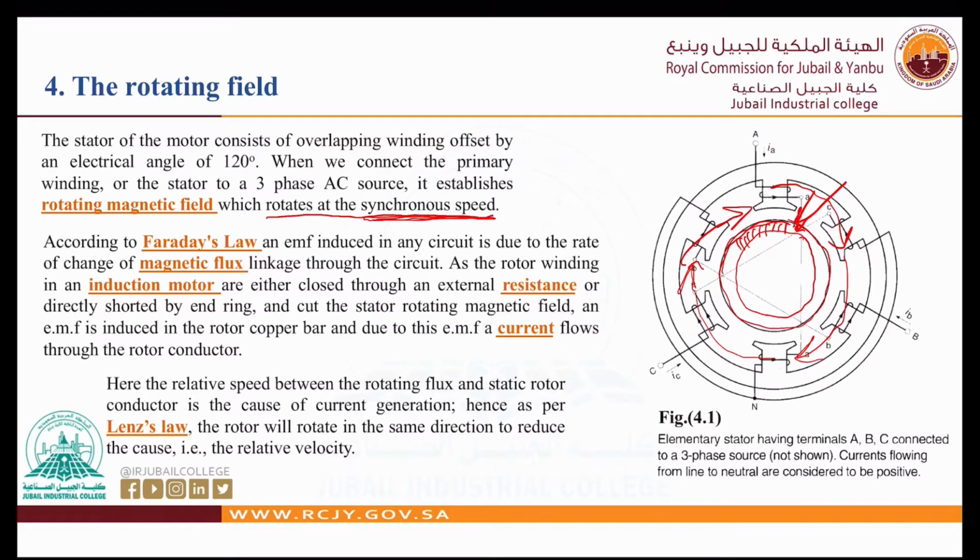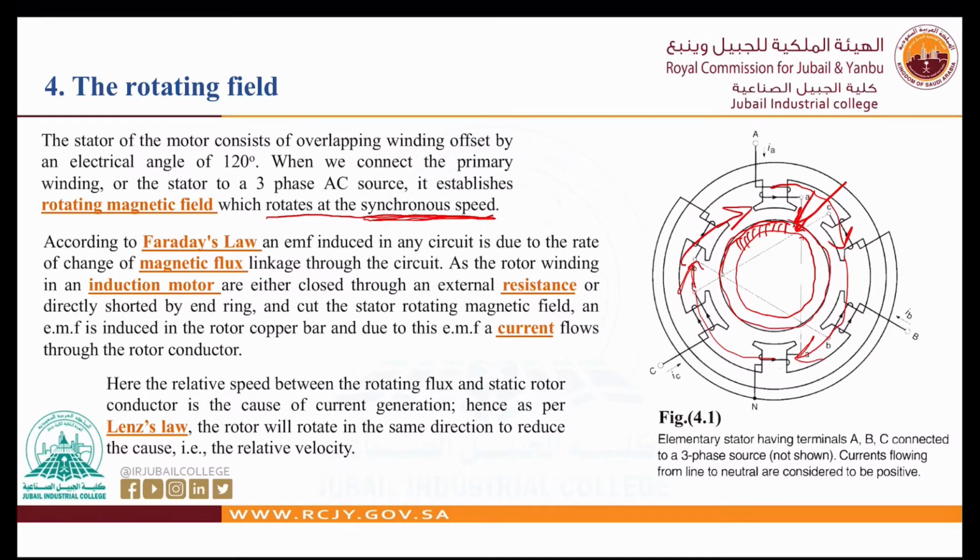So here the relative speed between the rotating flux and the static rotor conductor is the cause of the current generation. Hence, as per Lenz's law, the rotor will rotate in the same direction to reduce the relative velocity. So we will have a rotating magnetic field from the stator, and this magnetic field will go to the rotor by induction.